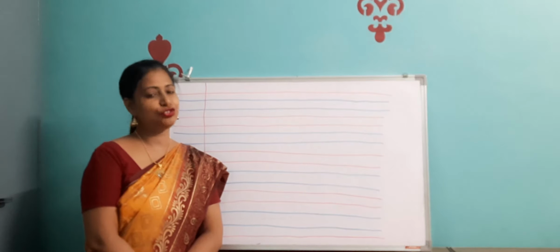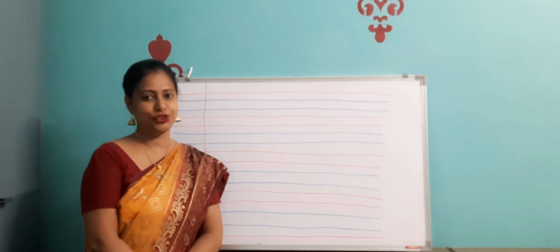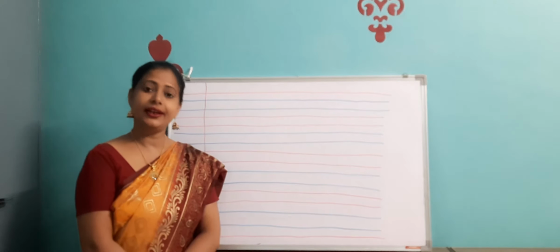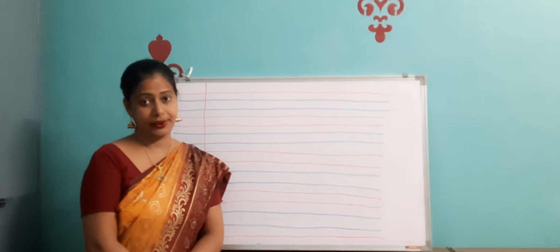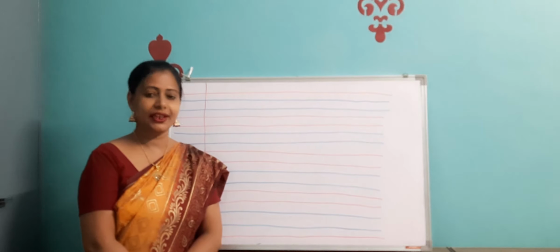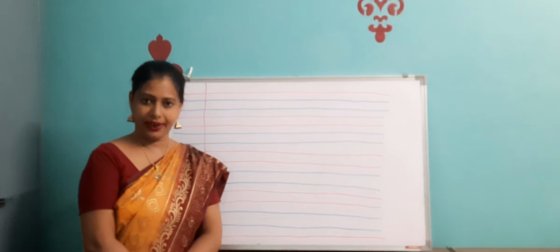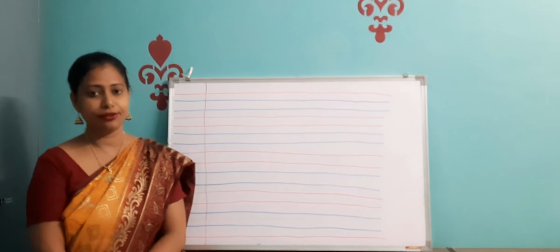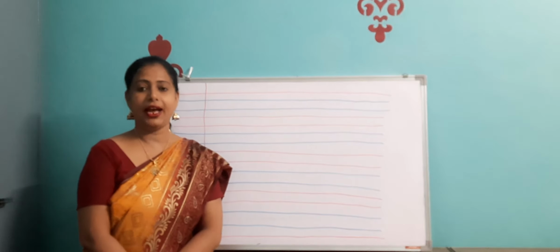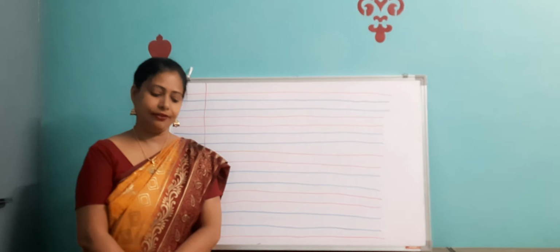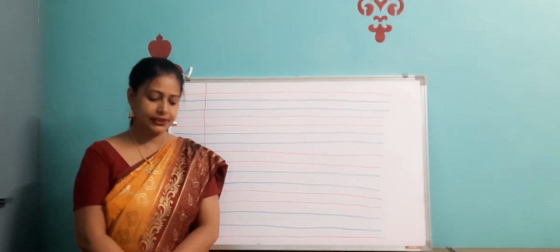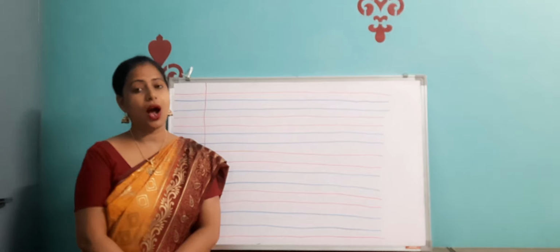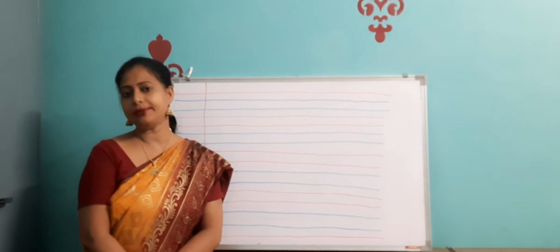This is your virtual class, and today I will be teaching you how to write English alphabets within the 4 lines of your copy. We have already learned the alphabets from A. Yes, children, I have already taught you the alphabets A, B, C, D, E, F, and we have learned till alphabet F. So now after F, which alphabet comes?